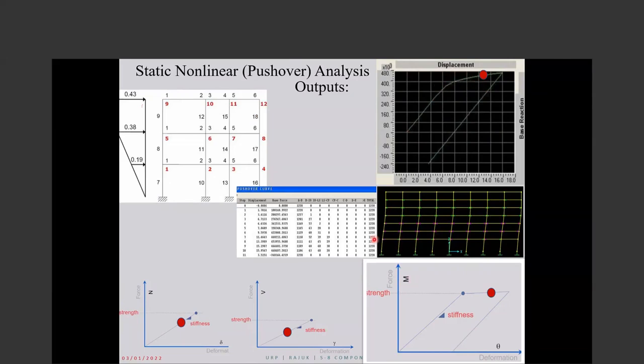Maybe it's better to distribute the strength better, because it passes so sharply. Or why do I have this many hinges, damages in the columns? So maybe I'd better do that. So it gives us a good sense about even our ordinary design. These software capabilities now are a strong point.